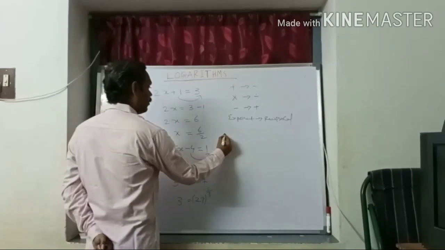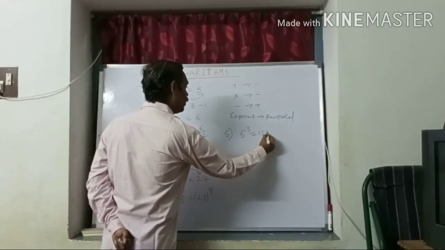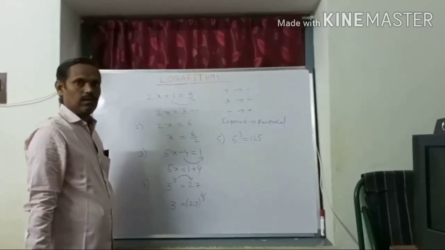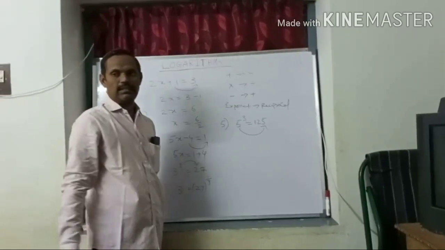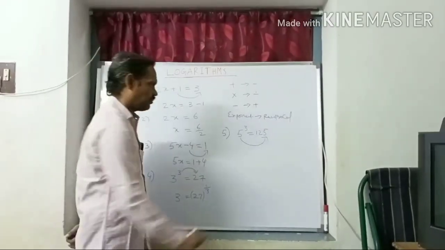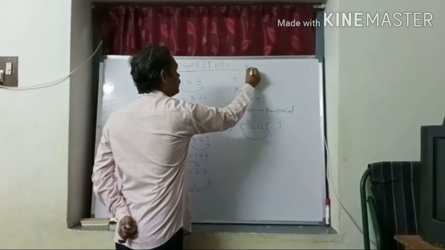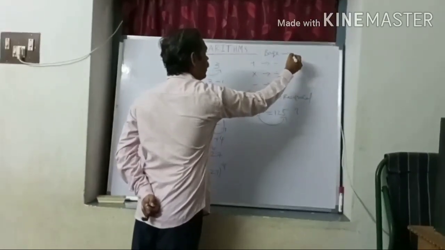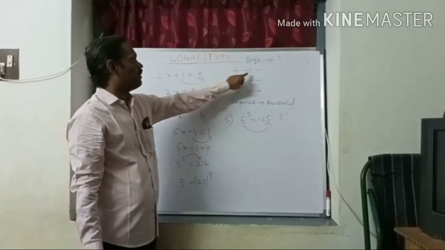Now come to our concept. If 5 cube is equal to 125, if you transpose the base from LHS to RHS, what happens? If plus is transposed, it becomes minus.